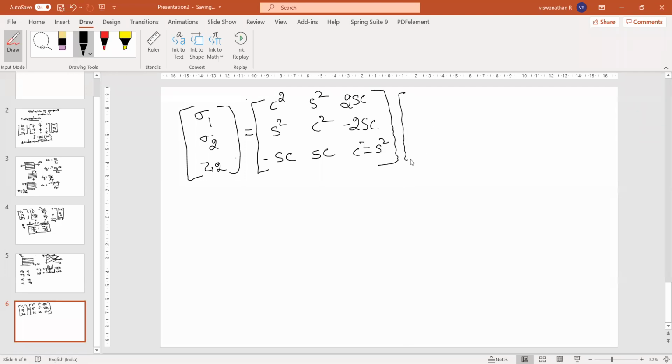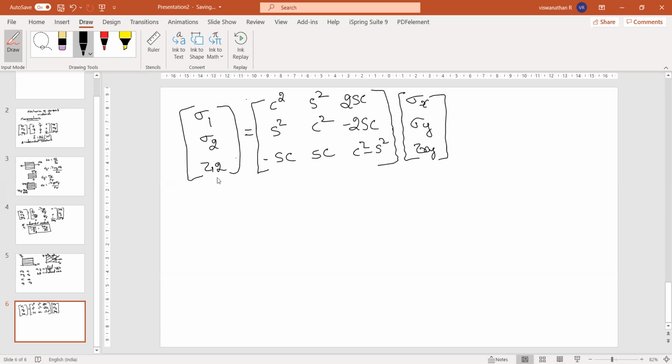Don't worry about those things. This is sigma x, sigma y, and tau xy. So knowing the global stresses, you can get local stresses, or material stresses.